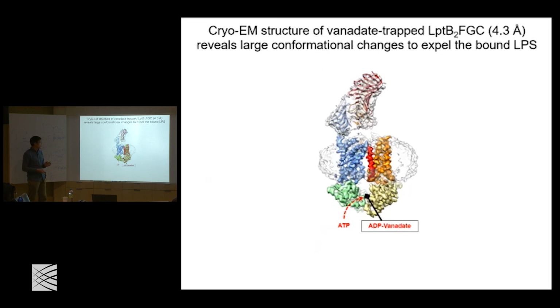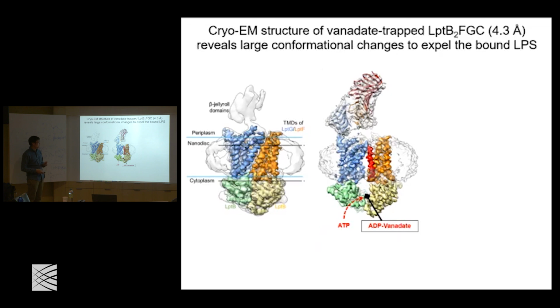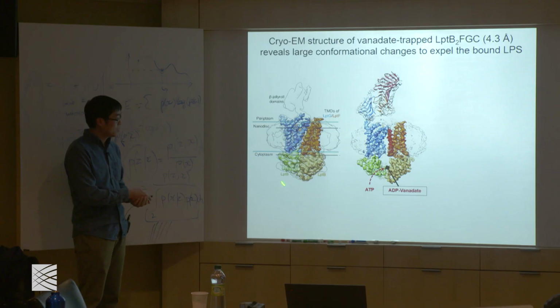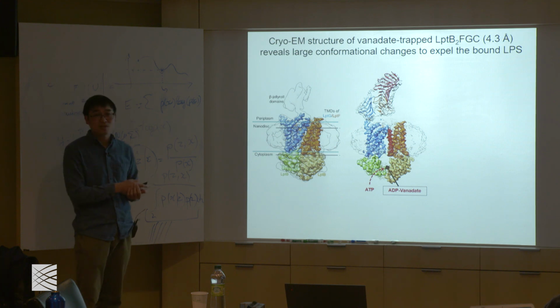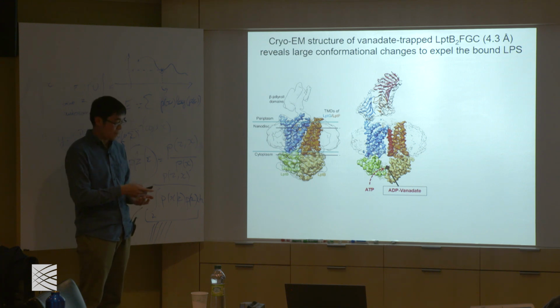We solved the cryo-EM structure of the protein in that state. You can see now the two NBDs are tightly dimerized, and the transmembrane helices are also packed together. Interestingly, we don't see the LptC helix at all in this structure, although the elongated structure from the soluble domain would prove that this protein is there. But the helix becomes flexible in this conformation and cannot be seen.